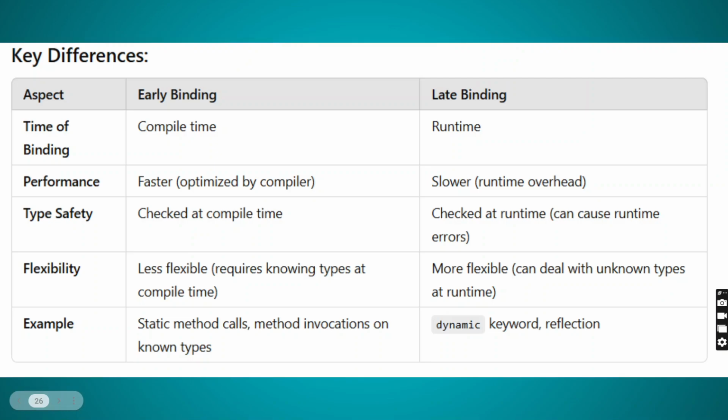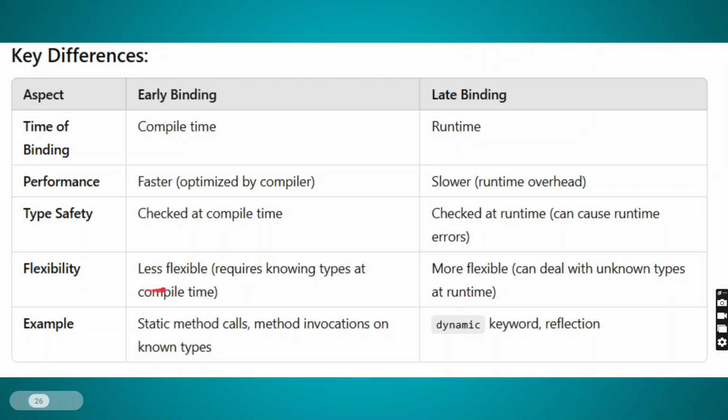Now we will see the key differences between early binding and late binding. Time of binding: compile time binding versus runtime binding. Performance: faster, optimized by the compiler, versus very slow. Type safety: checked at compile time versus checked at runtime.